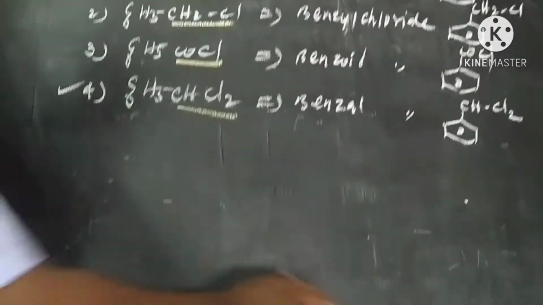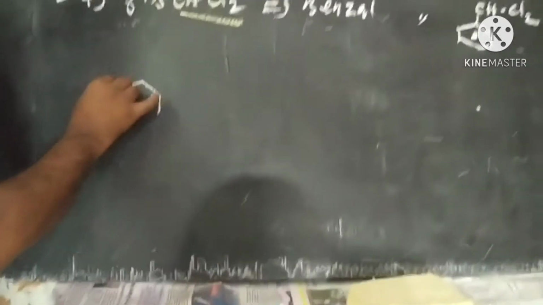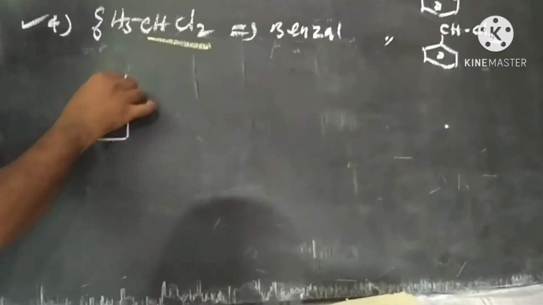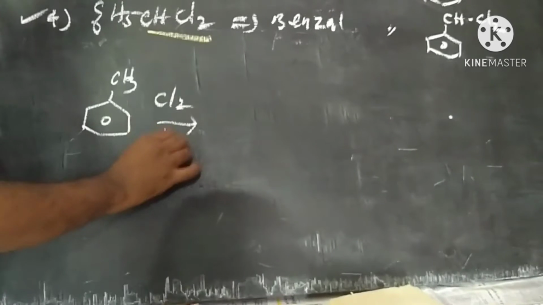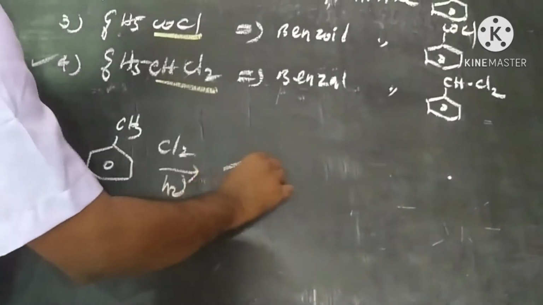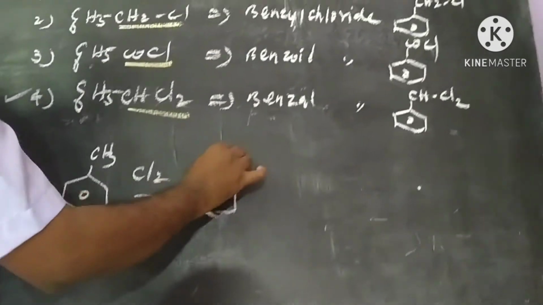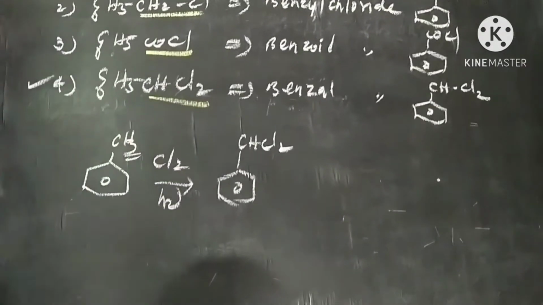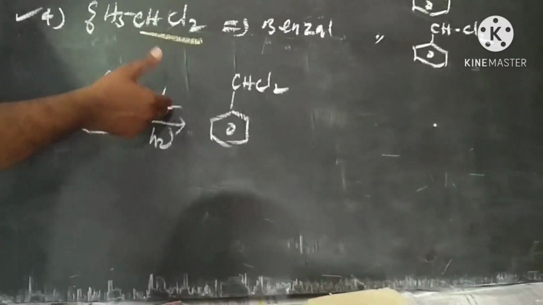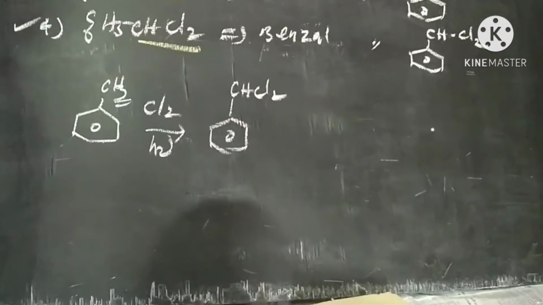The first is toluene, C6H5CH3. Toluene undergoes chlorination in the presence of light and we get benzal chloride, CHCl2. Here 2 hydrogens are removed and substituted by 2 chlorines.